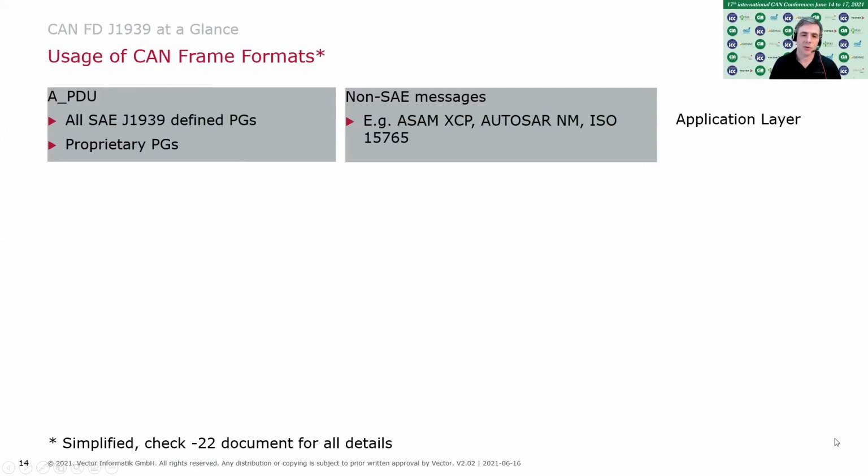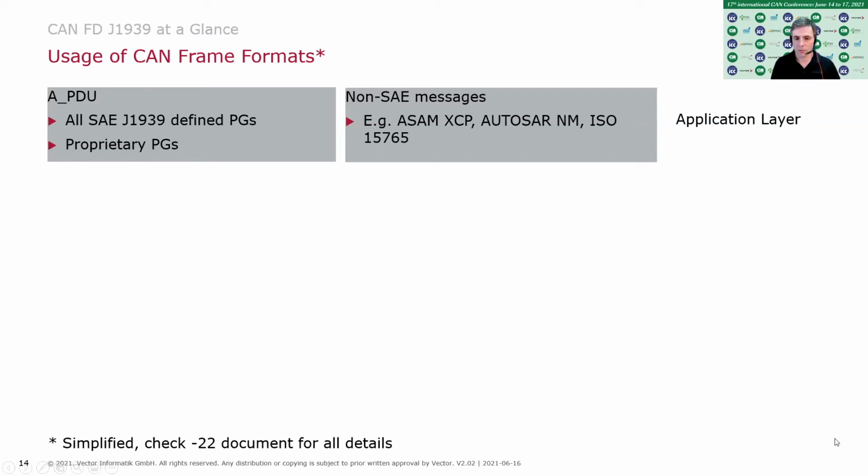Every message that you would like to transmit on such a data link which is not J1939 related is called a non-SAE message. And for a variety of them, not everything is possible, but for a variety, as I list here some examples: XCP, AutoSAR network management, ISO 15765, this is diagnostic.